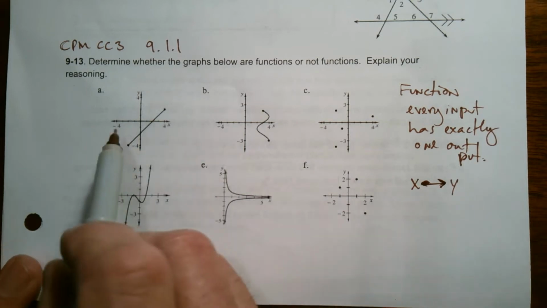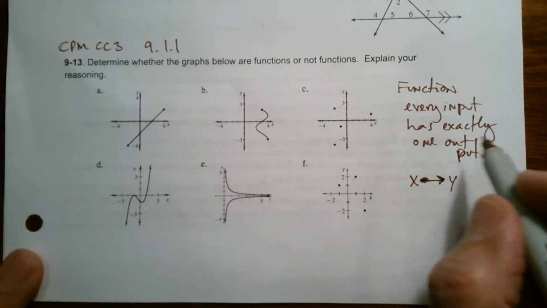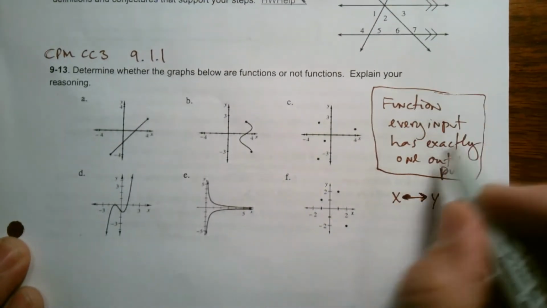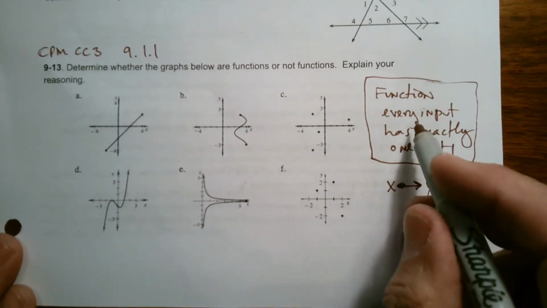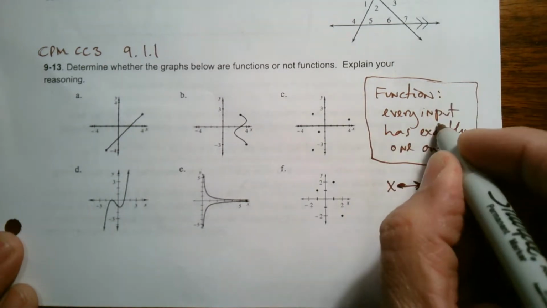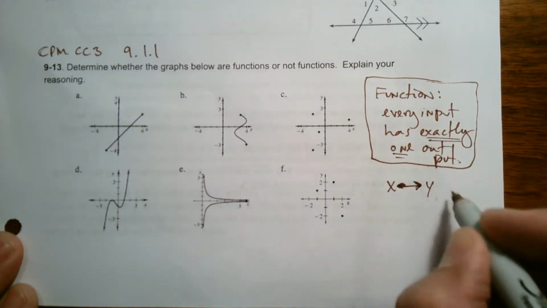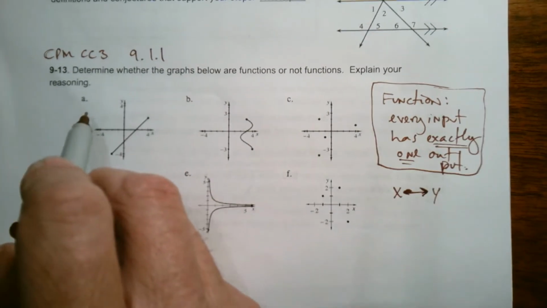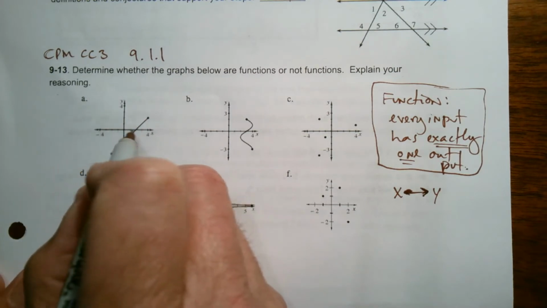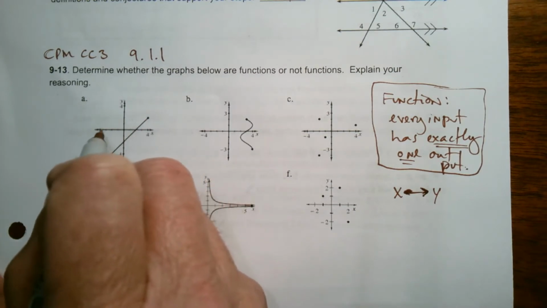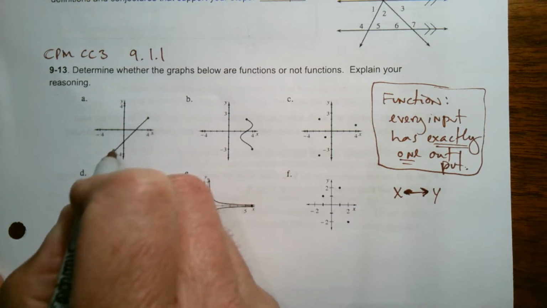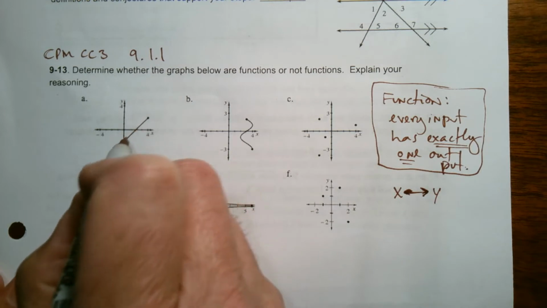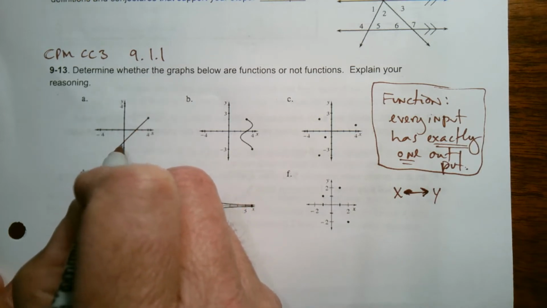So if I'm going to go through and look at what is a function and what's not a function, we can use those pictures to help solidify this definition. A function, every input has exactly one output, only one output. So if I look at my graph here, here's all my x's, and every one of the x's only has one y, right?